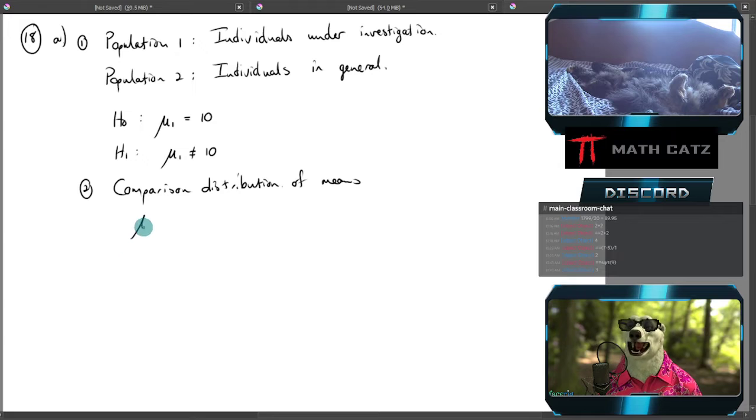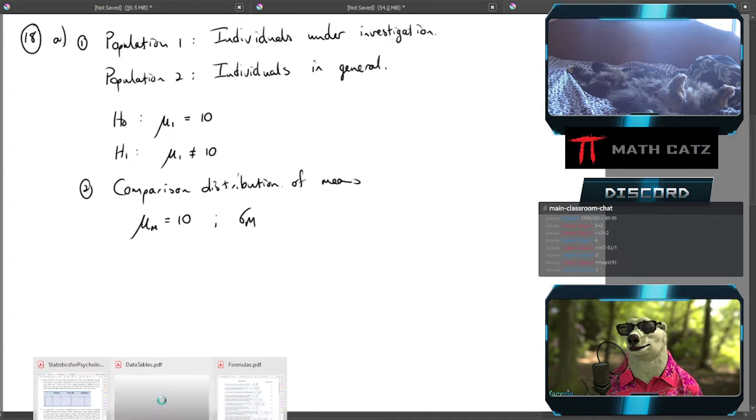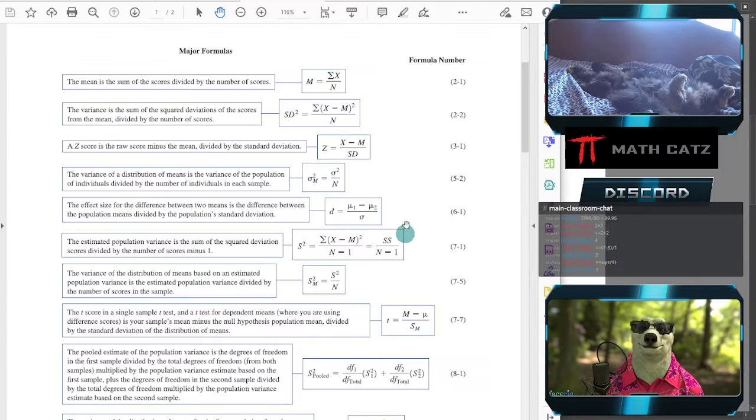So the mean for the distribution of means is the same as that for the individuals, but my standard deviation for the distribution of means, I'll refer you to our formula sheet over here.